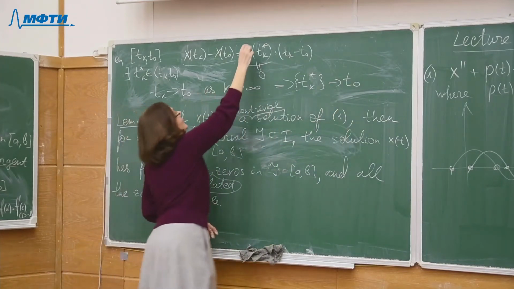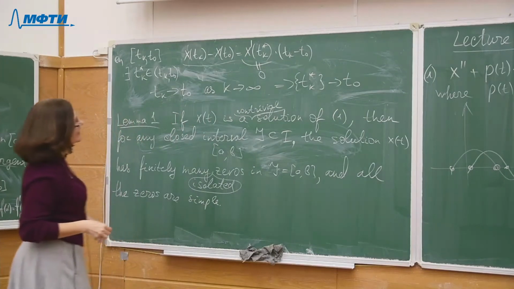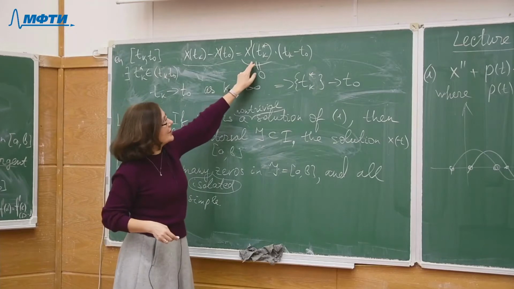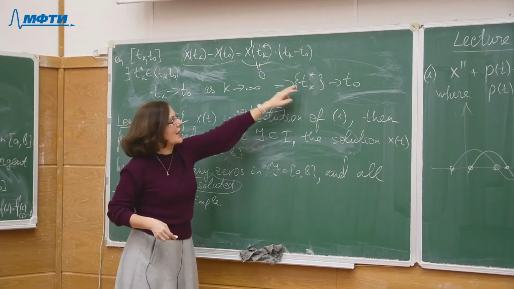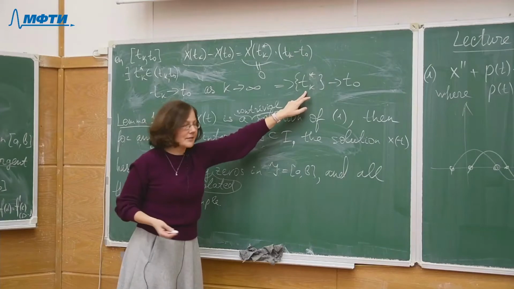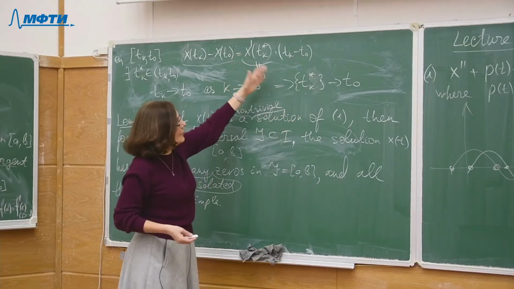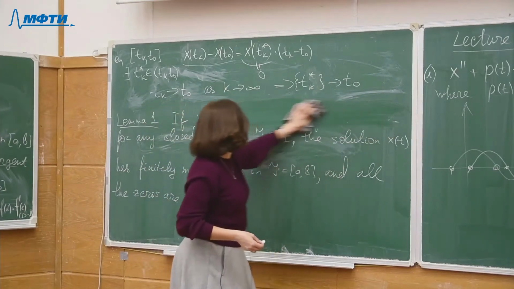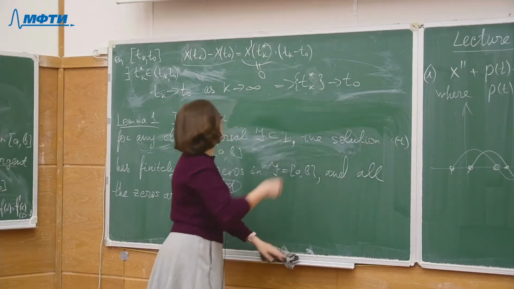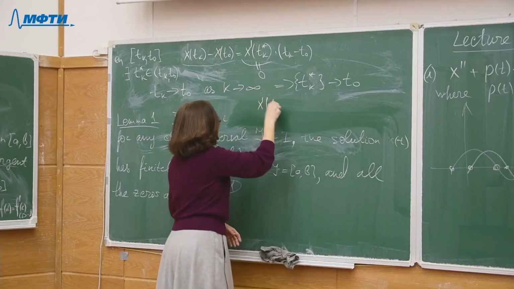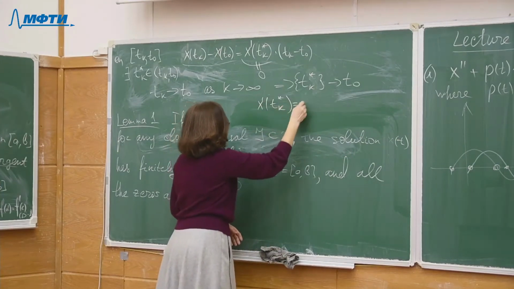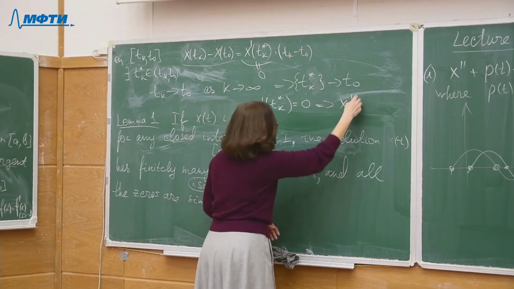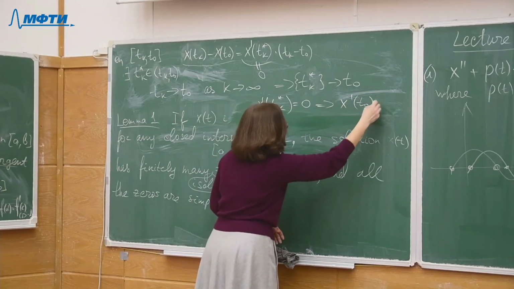And the derivatives of our function at these points are 0. By continuity of the derivative of x, this implies that x prime of t0 is also 0.